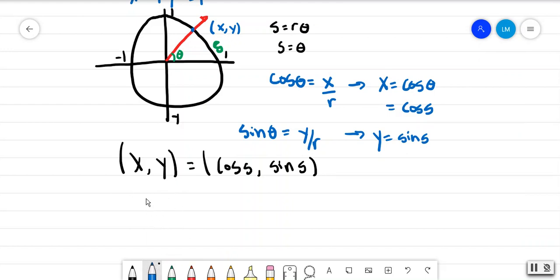Again, if theta was equal to 2 radians, then the ordered pair would be negative 0.42 comma 0.91, and that's by just plugging it into cosine theta and sine theta. Okay.